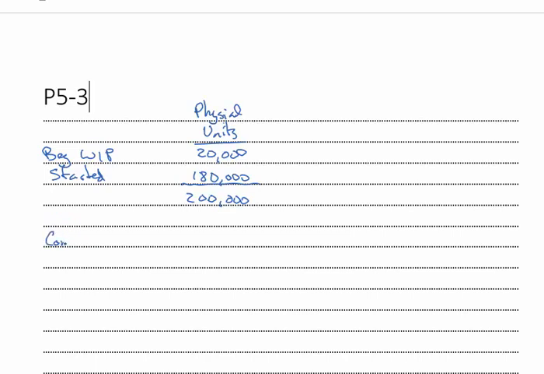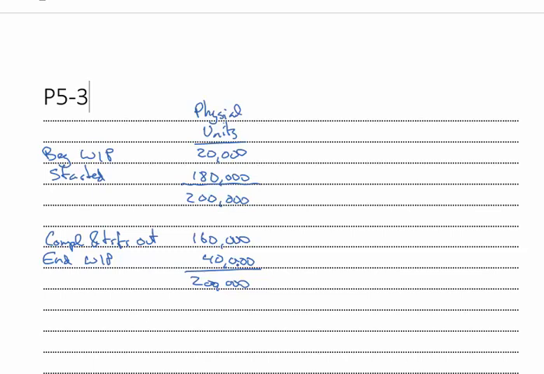And completed and transferred out was 160, and that means we get an ending work in process of 40,000 physical units.